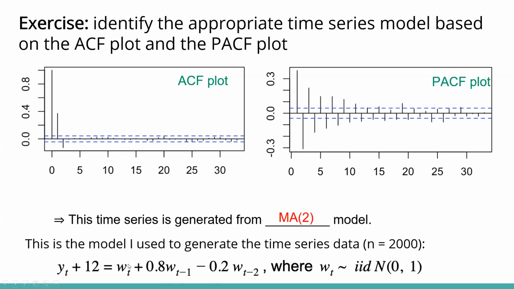Do you know that from a plot, I can write out this model? How do I know? Take a look at this: it's 0.8, this one here, and minus 0.2 is this one here. I can basically write out that model.